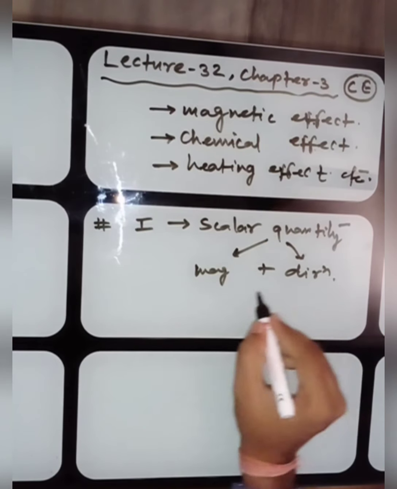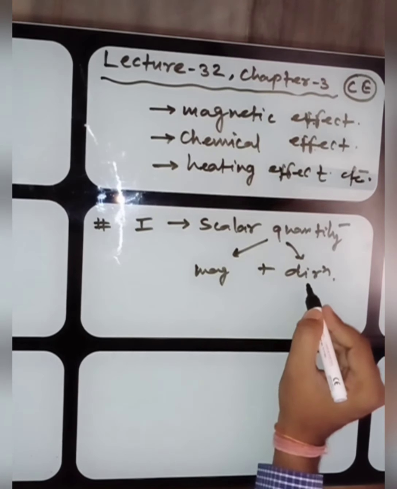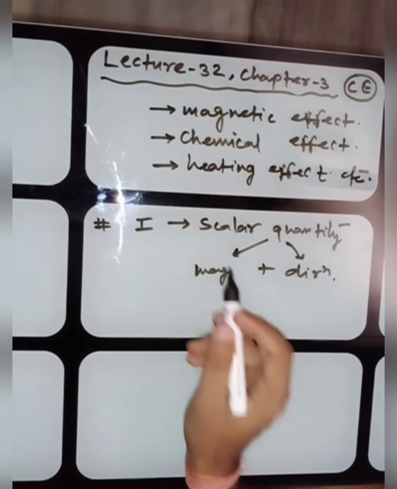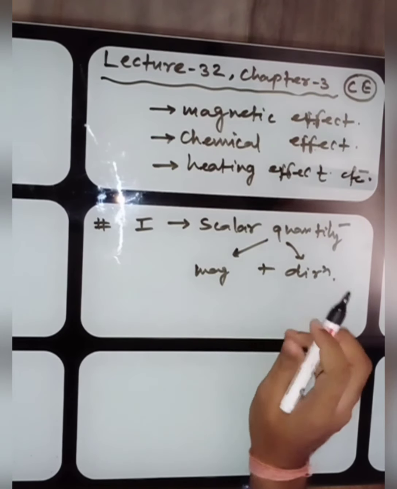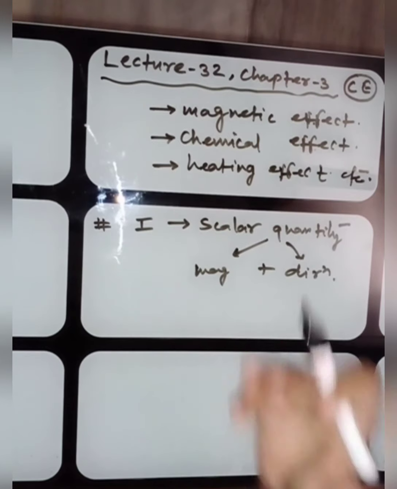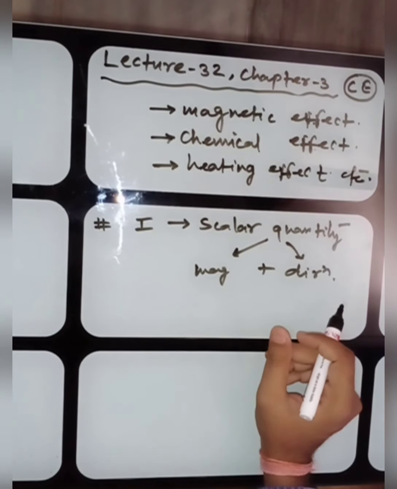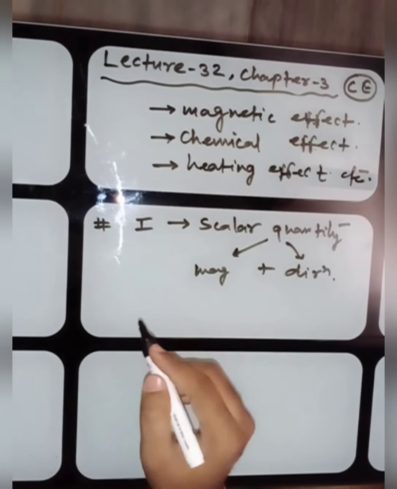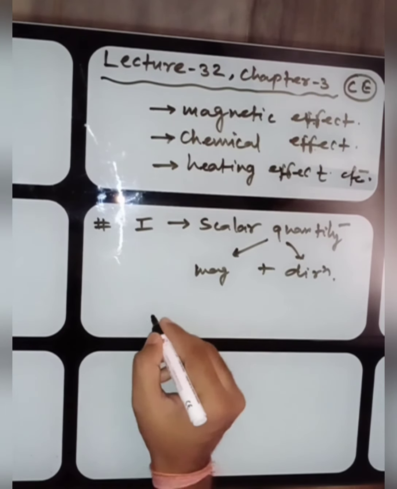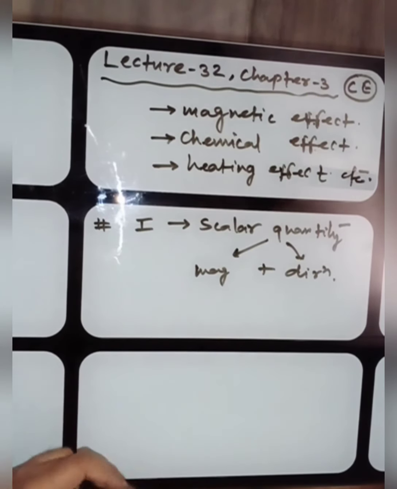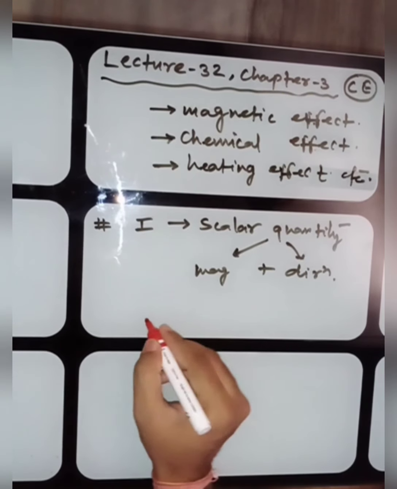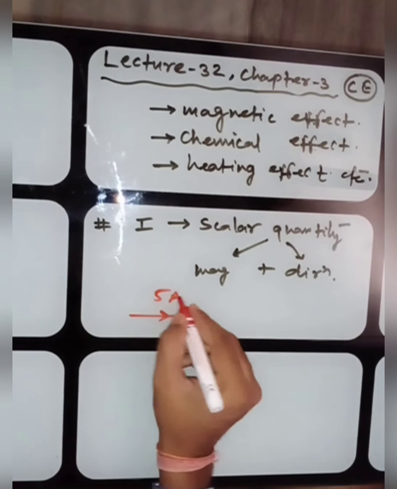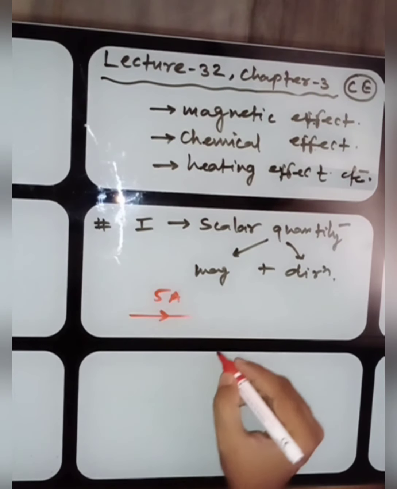No, my dear students, it has magnitude and direction, but for a vector quantity, the condition is that a quantity should have magnitude and direction as well, and it should obey the vector laws of addition. But this electric current does not obey the vector law. Suppose I give you one conductor in this way. The 5 ampere current is flowing through this conductor, ampere being the SI unit.